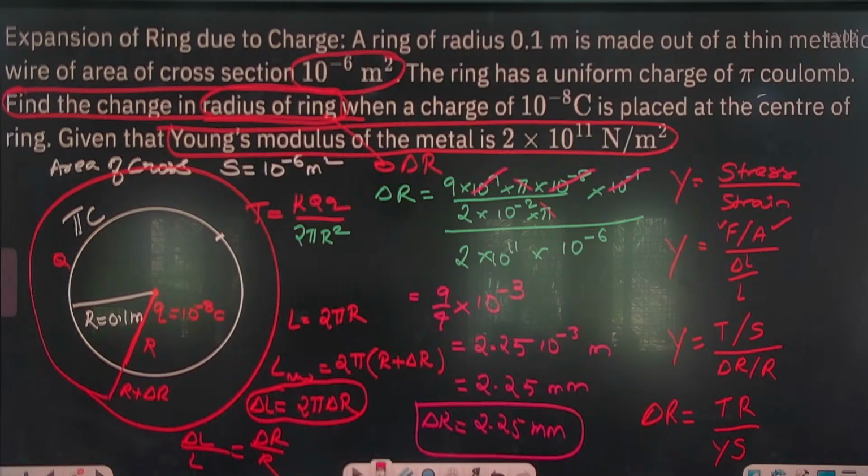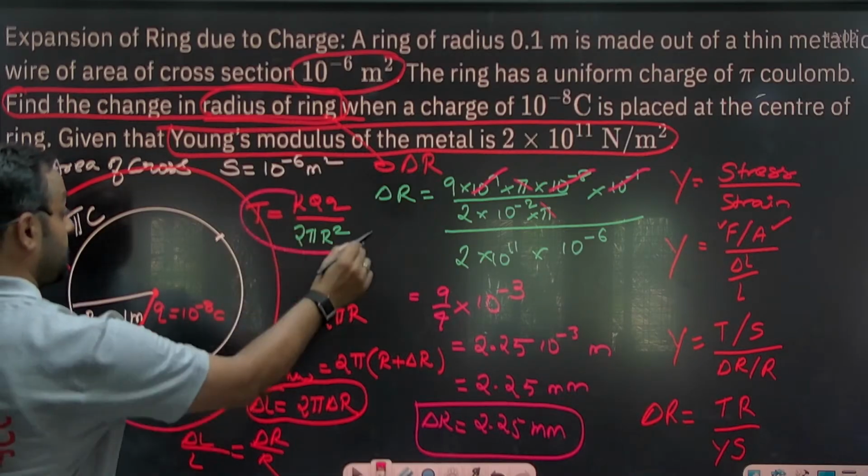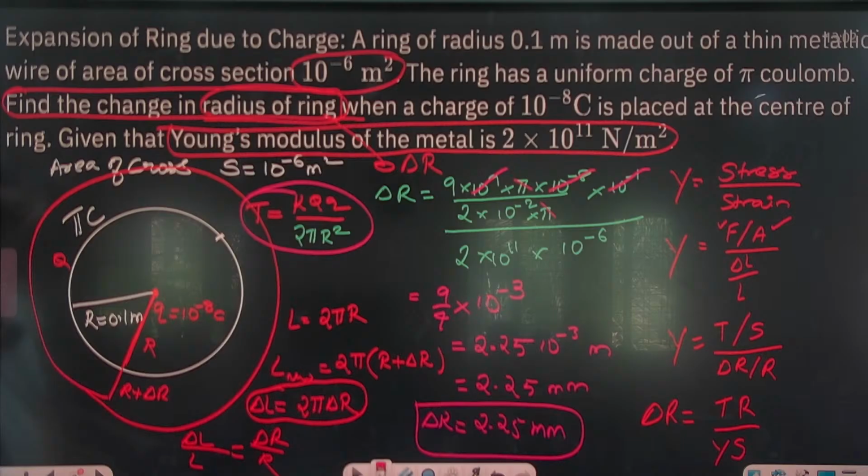This tension is actually K Q1 Q2 divided by 2 pi r square.